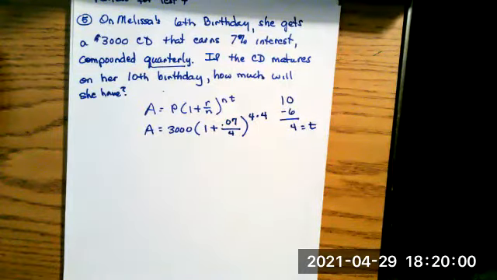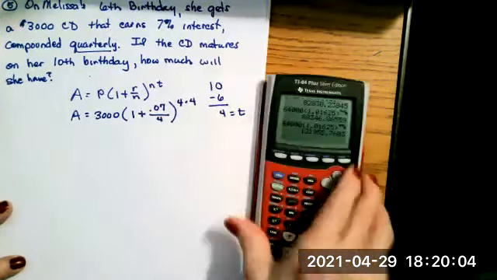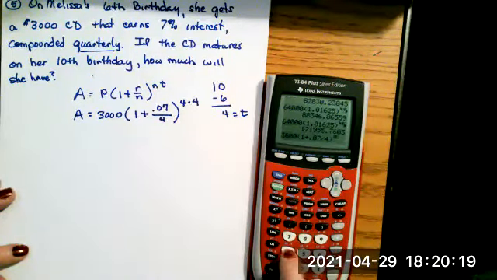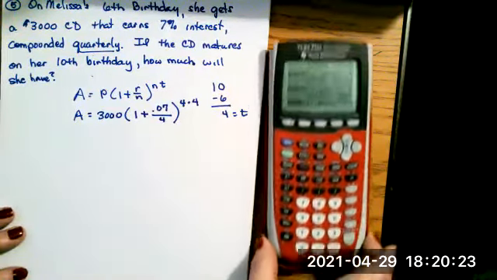So you can put that in the calculator just like that to get your answer. 3,000 parentheses 1 plus 0.07 divided by 4 raised to the 4 times 4. See how that looks in the calculator?